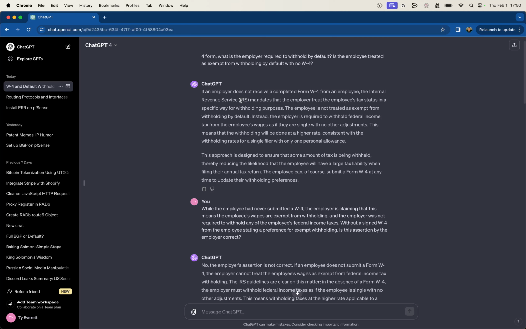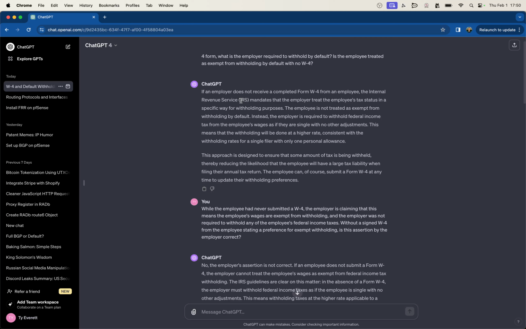If an employee has never signed a W-4 form claiming to be exempt from withholding, it is not correct for the employer to treat the employee's wages as exempt from withholding in the absence of a W-4. The employer should withhold taxes as if the employee is single with no other adjustments, which is the default withholding status.